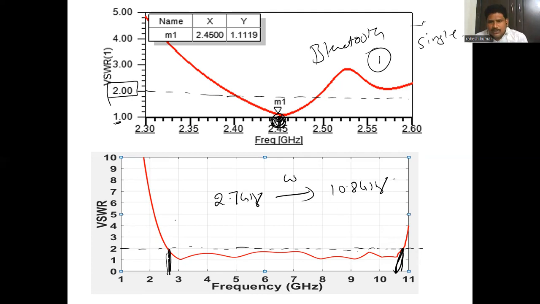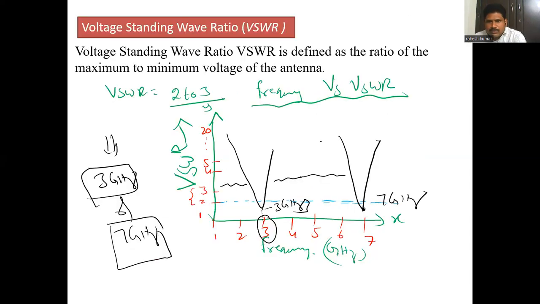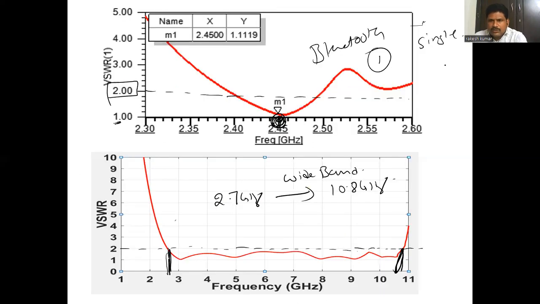So this comes under wideband. The earlier one comes under multiband, and that one is single band. What value do you want to consider? 2.